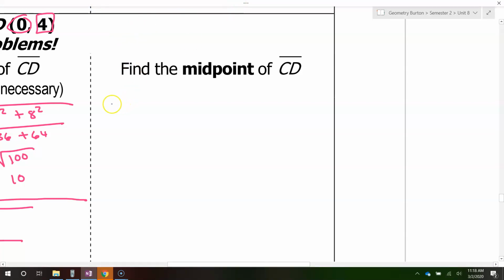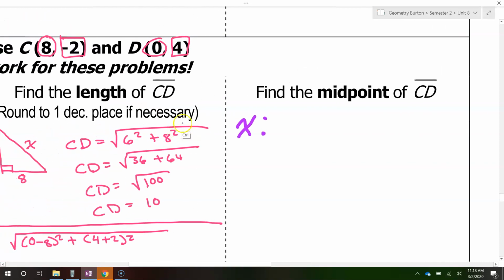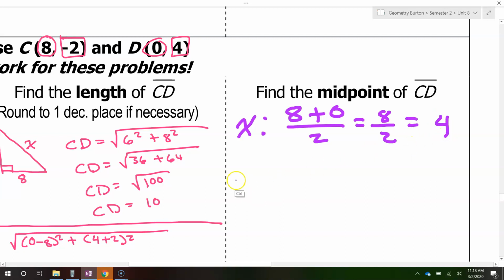The midpoint is going to be the average of the x's and the average of the y's. All right, so let's start with the x values. 8 and 0. So that's going to be 8 plus 0 divided by 2, which is 8 over 2, which is 4.